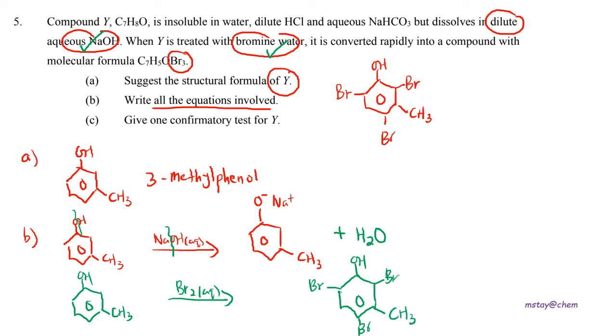Again, the bond between O and H breaks down, and the Br-Br bond breaks down, so the side product will be HBr. The last question is that we need to give one confirmatory test for Y. I will continue in the next slide.